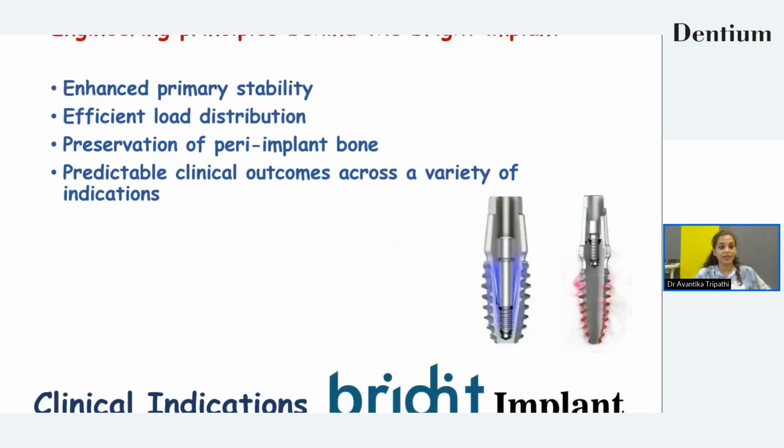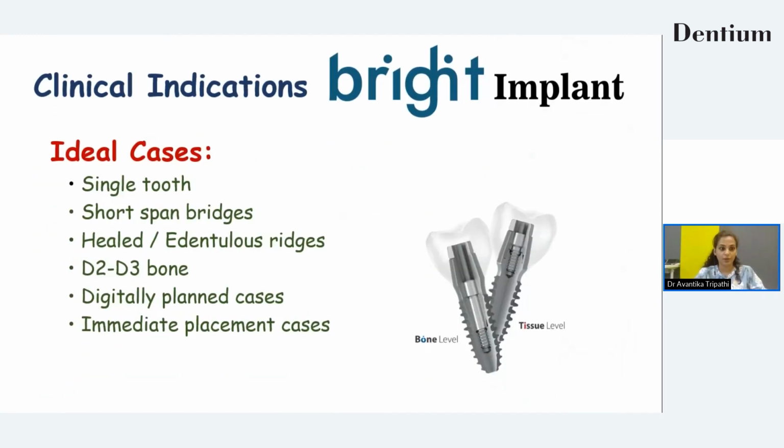The main indications for this implant will be single tooth implant placement, short span bridges like 3-unit and 4-unit, edentulous ridges, D2 or D3 bone quality, digitally planned cases, and immediate implant cases.